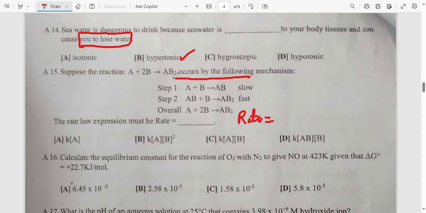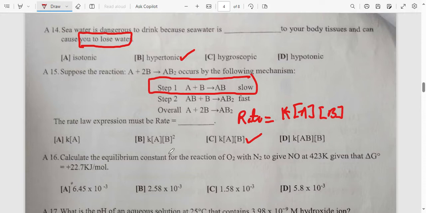And the slow reaction is this one. So therefore the rate is going to be K multiplied by the concentration of A multiplied by the concentration of B. The rate of the overall reaction is going to be equal to the rate of the slowest reaction.